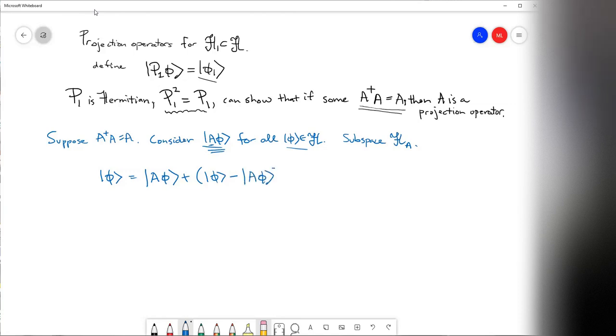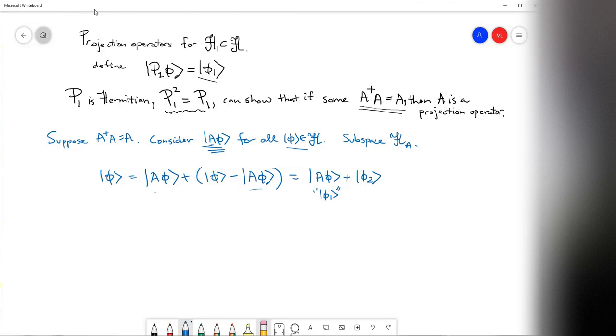This seems like a very silly statement because we're just adding and subtracting A phi. But if it's a projector, then this should really be morally equivalent to having a phi1 here, or a phi A, plus some phi2 that's outside of it.